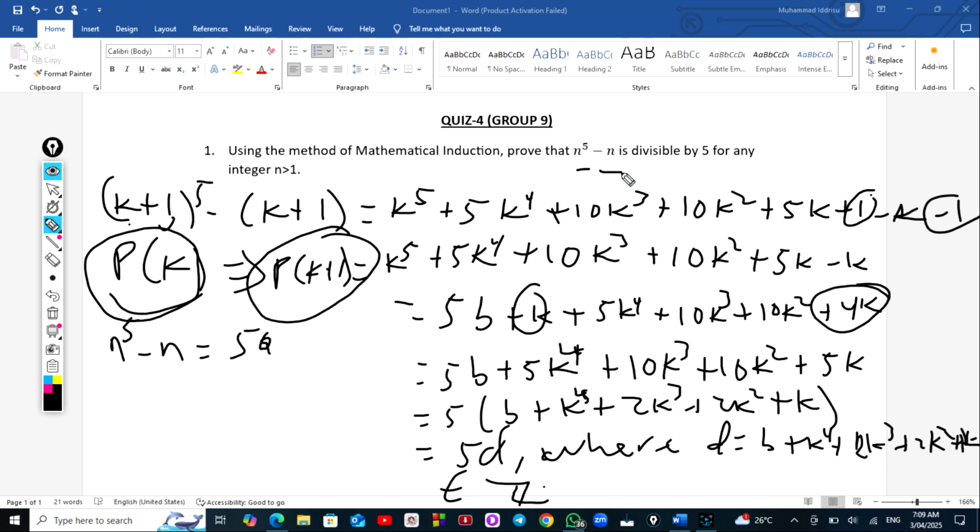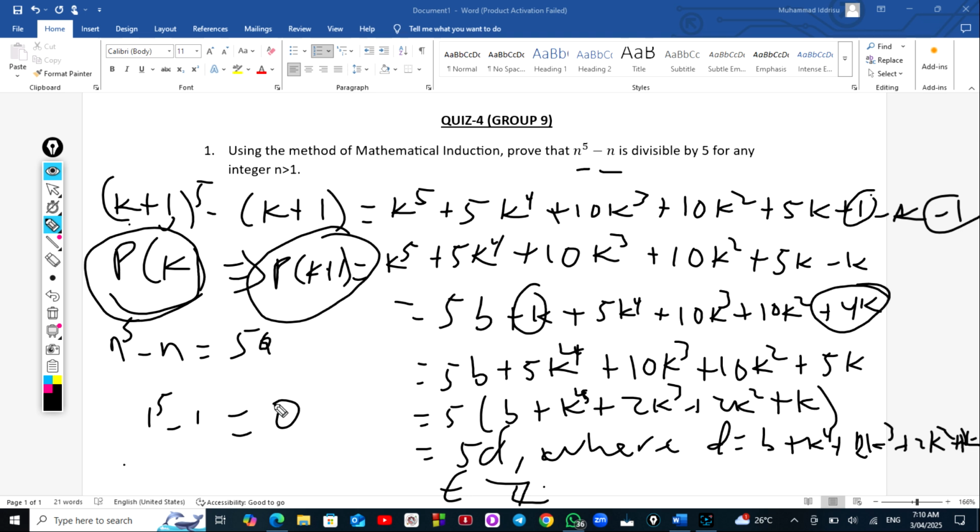And I will even say that it is true for all integers. I will argue that this is true for all integers, because in fact if we put 1 as our n, 1 to the power 5 minus 1 gives us 0, and 0 is divisible by 5.